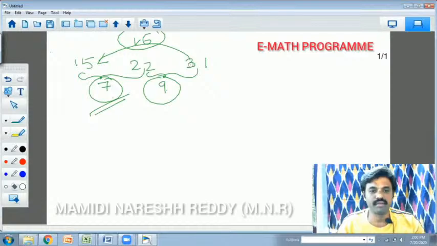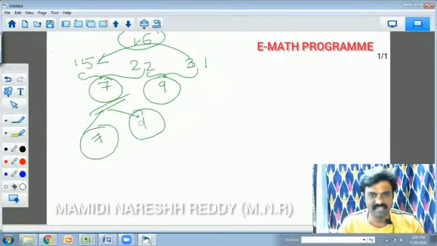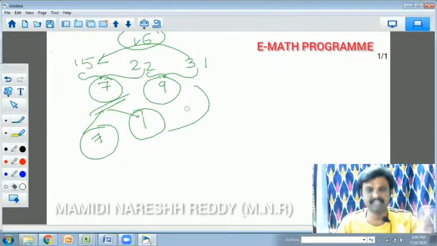So we take the factors as it is a prime number. So 7 comma 1, it has only 2 factors, 1 and itself. As 7 is not a factor of any of these numbers, then 1 is considered the GCD of 15, 22, and 31. Simple. We only need to find the differences of 22 and 15, and 31 and 22. In a very simple way, we can find this GCD.